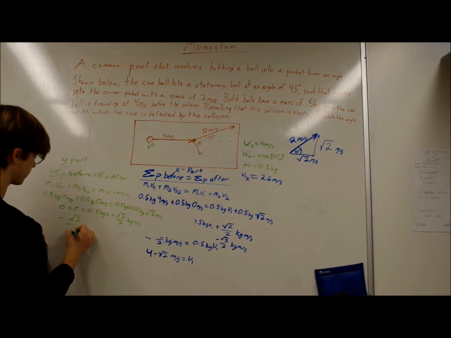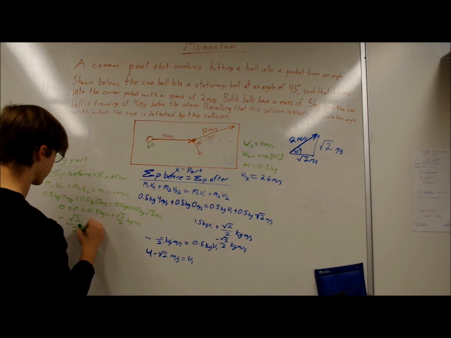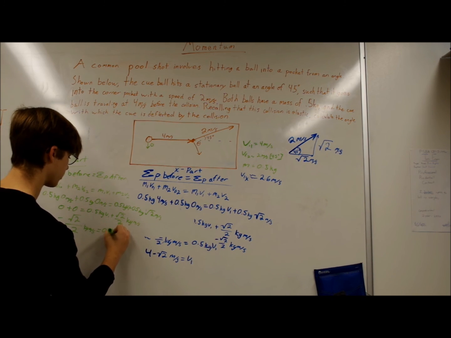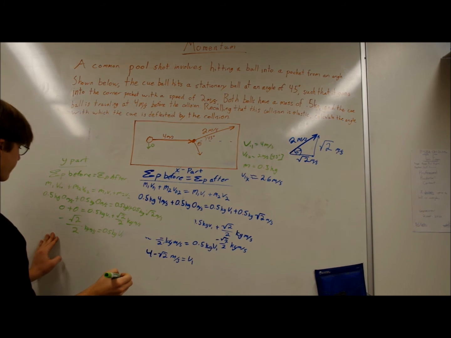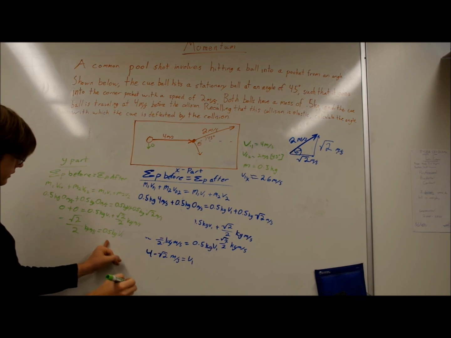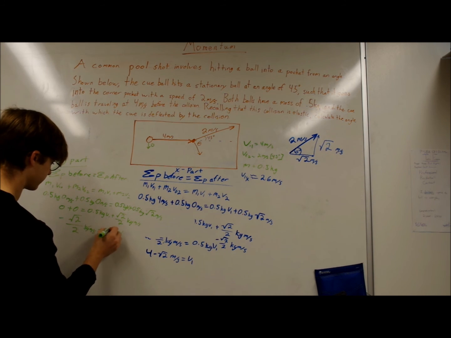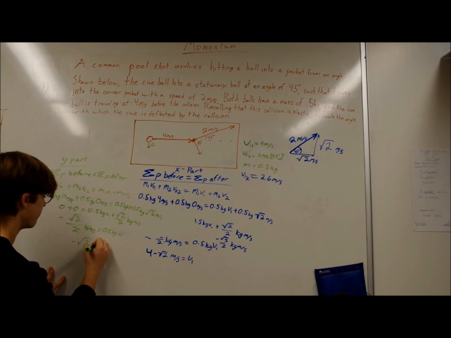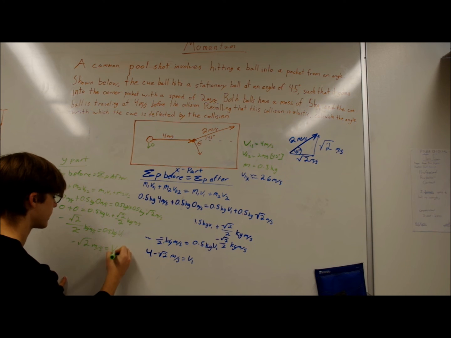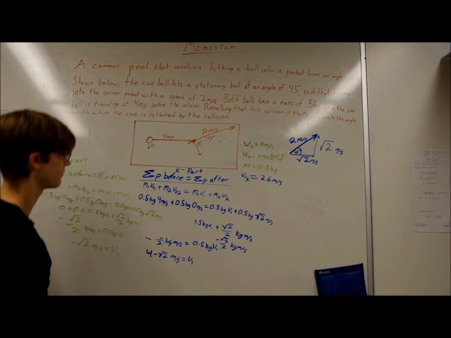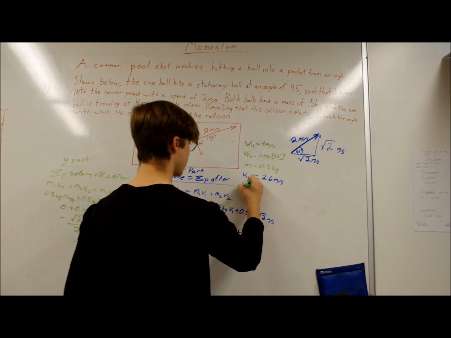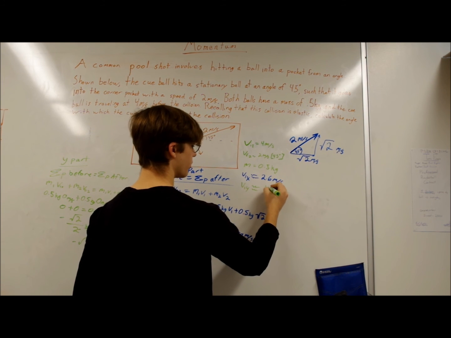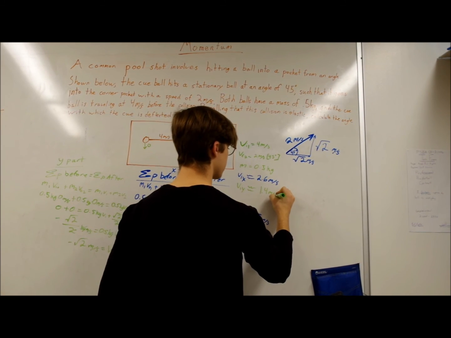It'll be a negative square root of 2 over 2 kilogram meters per second equals 0.5 kilograms times the velocity of 1. We can now divide both sides by 0.5 kilograms, and this will take out the kilograms, and it'll take out the 2 underneath, so we end up with negative square root of 2 meters per second equals the velocity in the y direction. This is the velocity in the y direction, and we can approximate it to 1.4 meters per second.